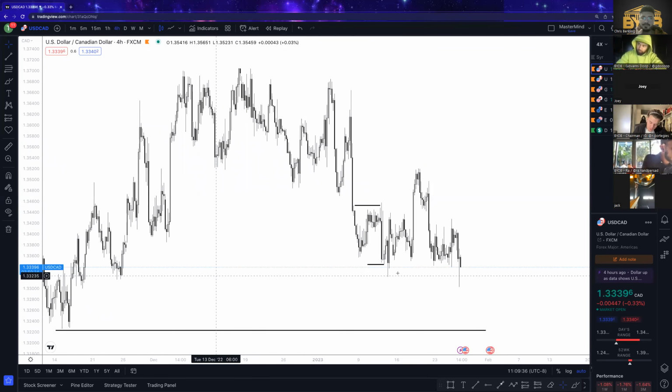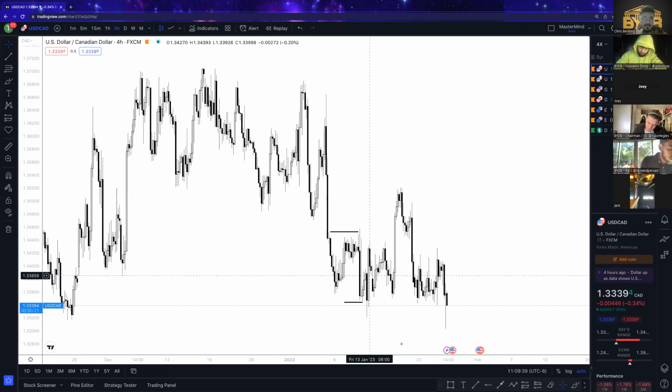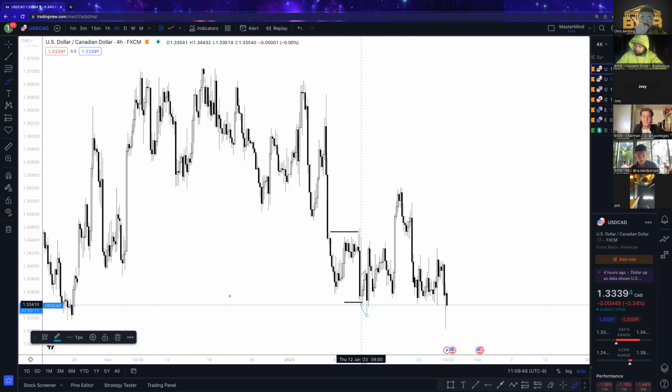Just for example here, we have this lower low, lower high, lower low. We have some liquidity swept, a new low. So that's number one. Number two, we get that lower low, lower high, lower low, break of structure.